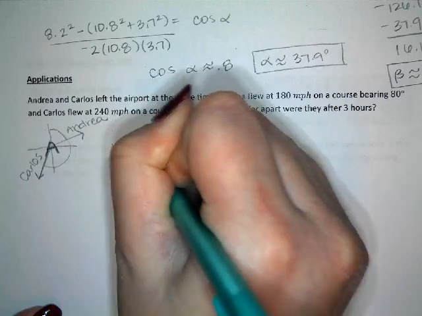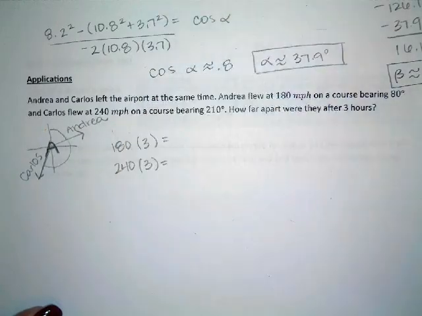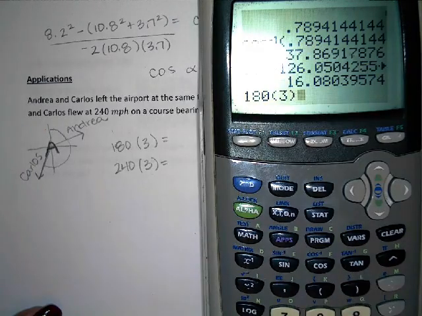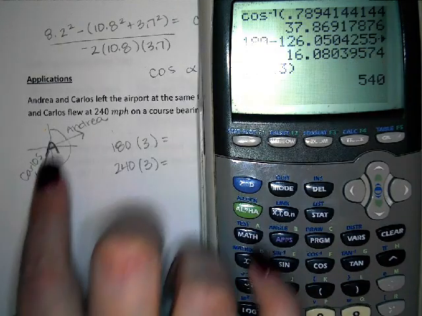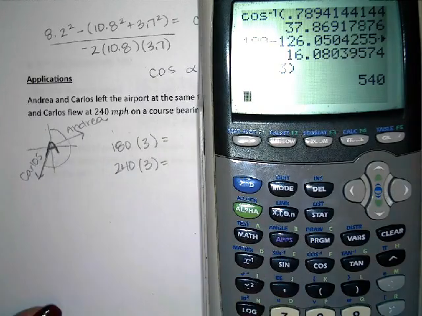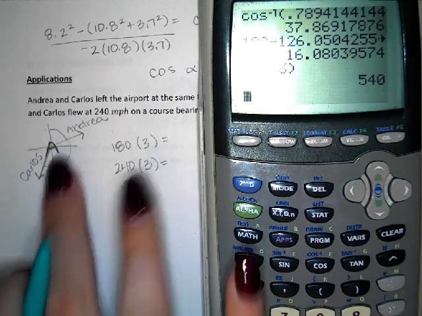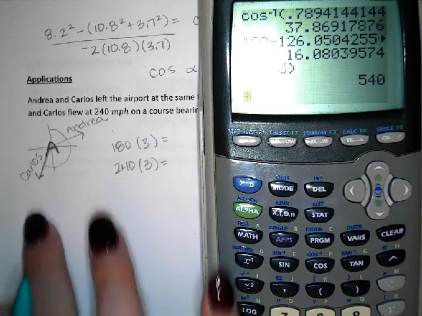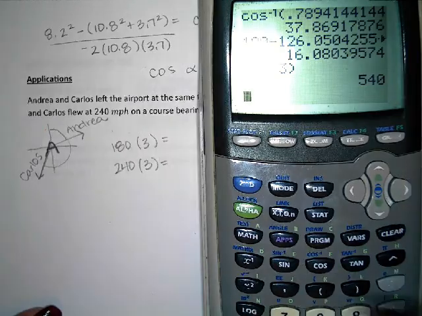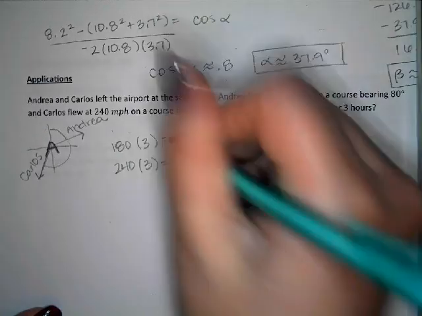So this is just helping me to draw my triangle. I know that this side of the triangle is going to have angles like this. I'm trying to figure out how long the sides should be. So in 3 hours, Andrea went 540 miles.